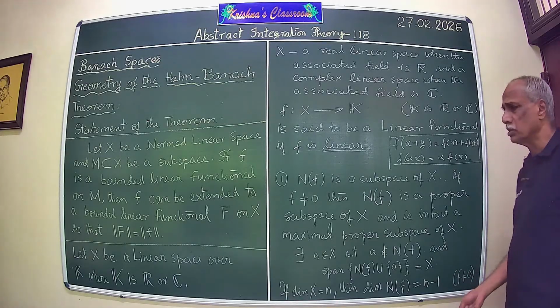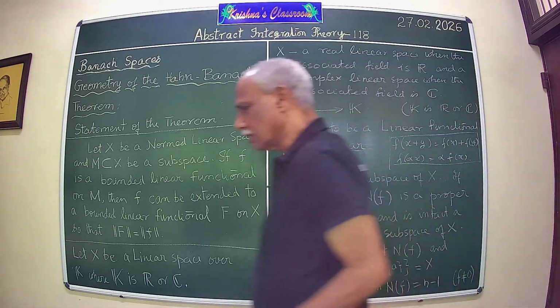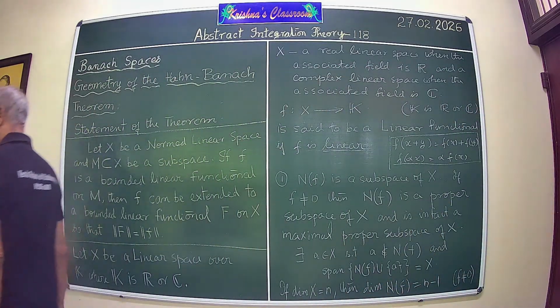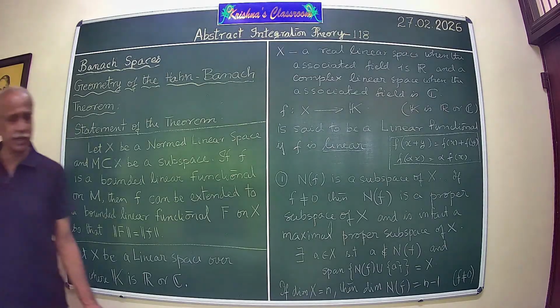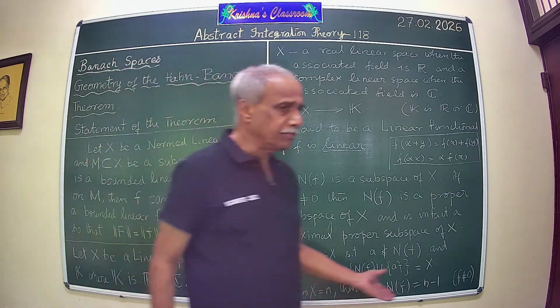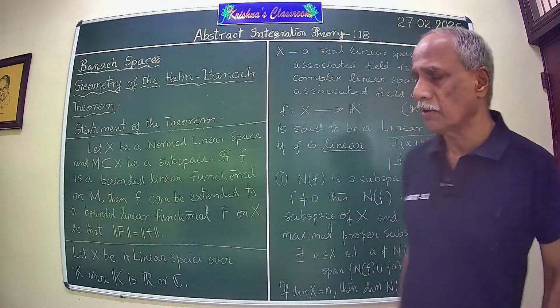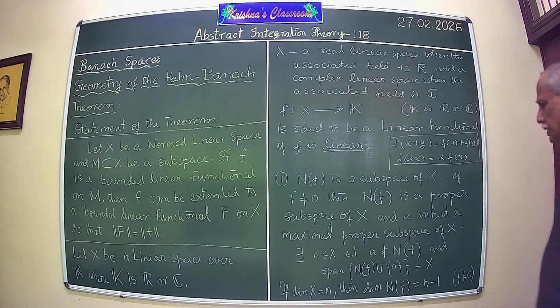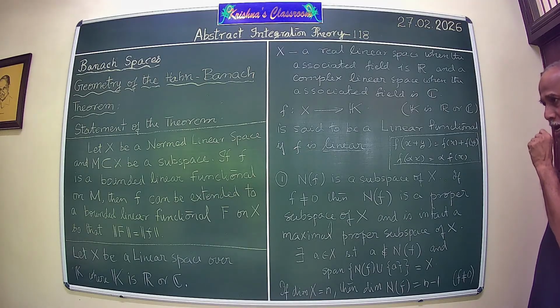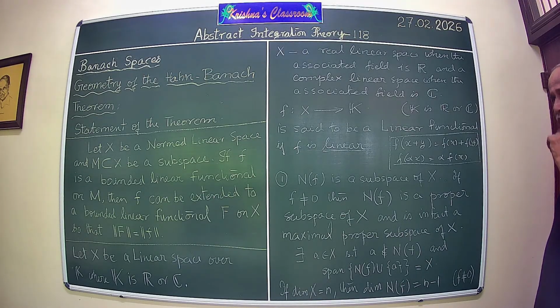If f is equal to 0, of course, it is a trivial situation, where f of x equal to 0 for every x belonging to X. And that's a trivial scenario.